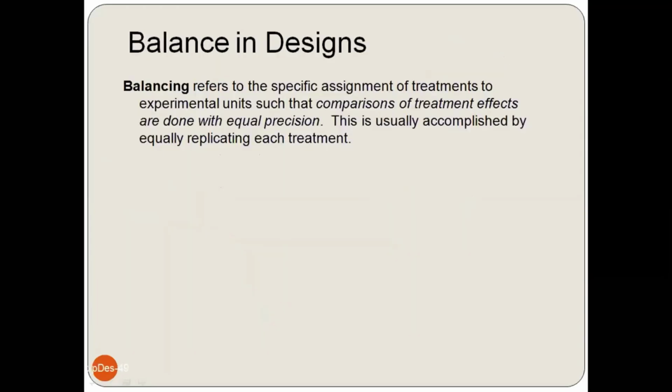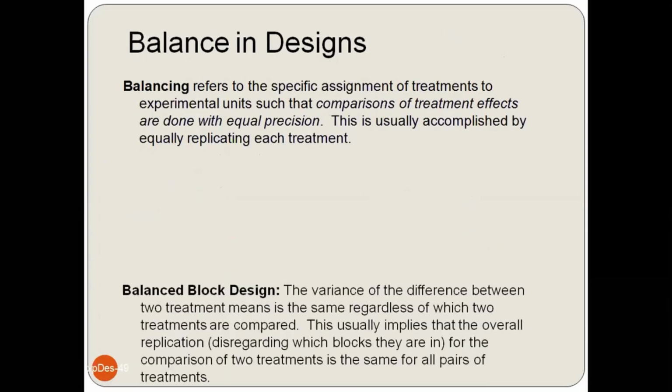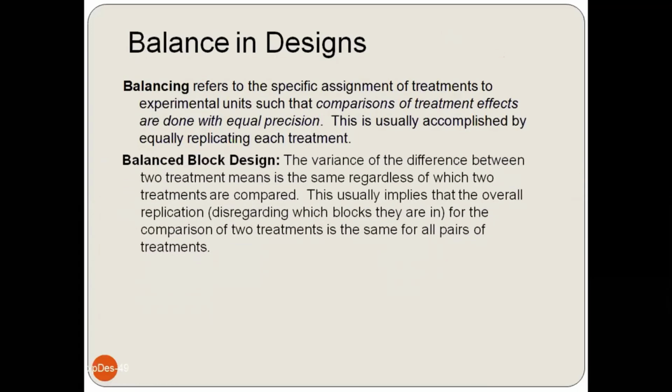Balanced design: I said if the number of replications is equal, it is called a balanced design. A balanced block design means the variance of the difference between two treatment means is the same regardless of which two treatments are compared.